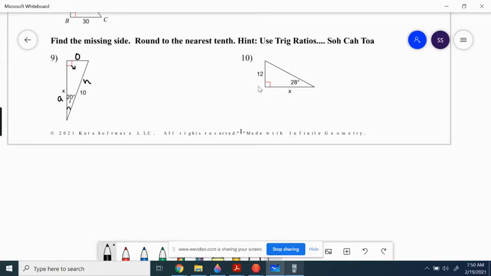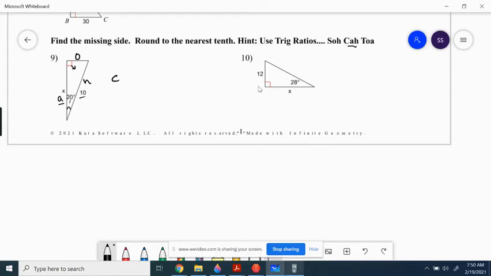All right, and so we know which trig ratio to use because we're given 10, which is our hypotenuse, and we need to know x, which is our adjacent side. So we're looking for the ratio that uses a and h, and that's going to be cosine.